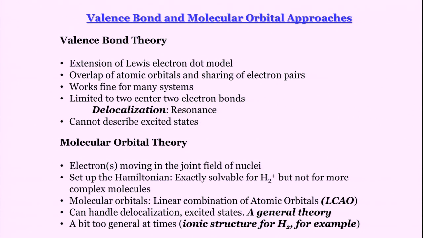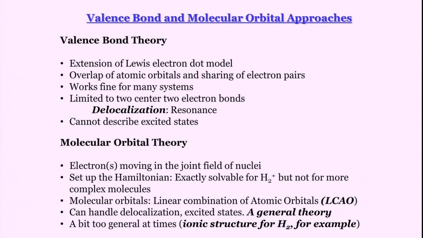The good thing about MOT is that it is a general theory. It can easily handle delocalization. It does not have to be restricted to two centers, but the problem is it is a bit too general, as we will see when we talk about H2. For something as simple as H2, it overdoes things and overemphasizes the ionic structure.